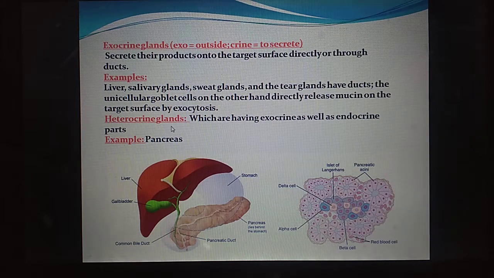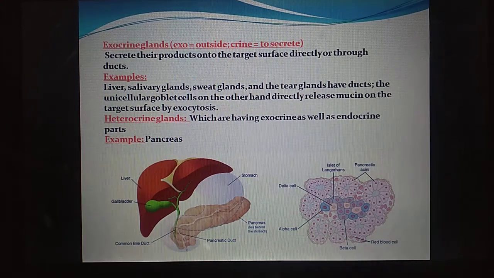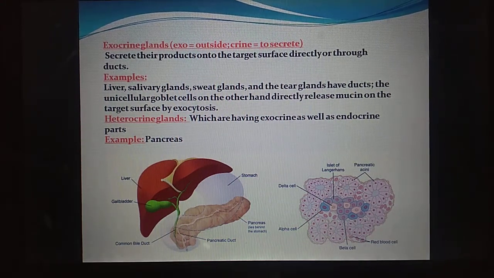Now, the heterocrine gland. Heterocrine is a sort of combination of endocrine as well as exocrine, or we can say it has an exocrine as well as an endocrine part. The best example of that is the pancreas. If we see over here in the pancreas, these are called pancreatic acini, acini being plural of acinus.